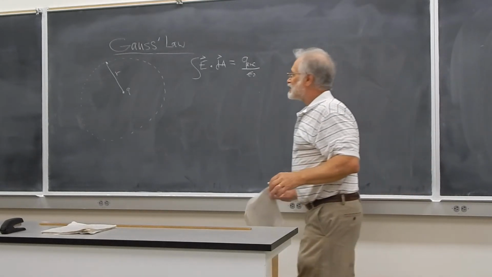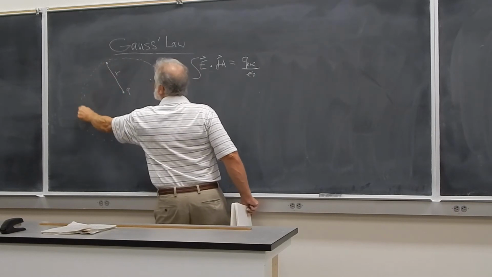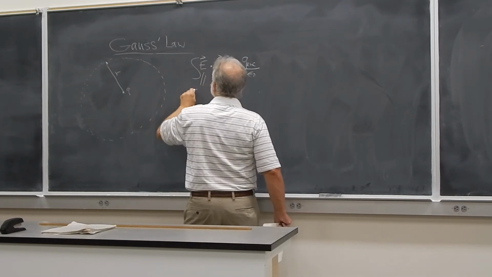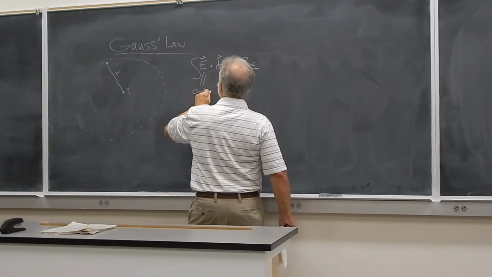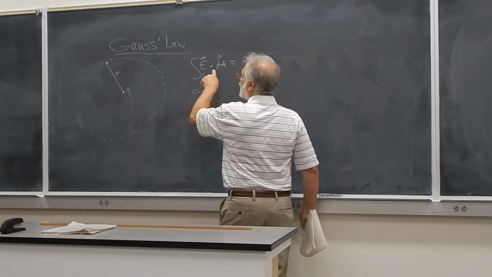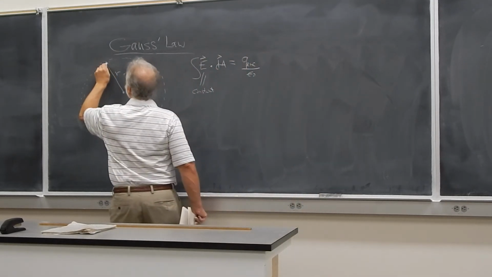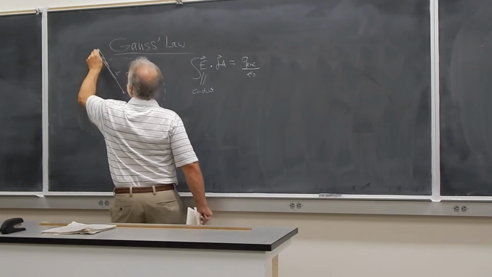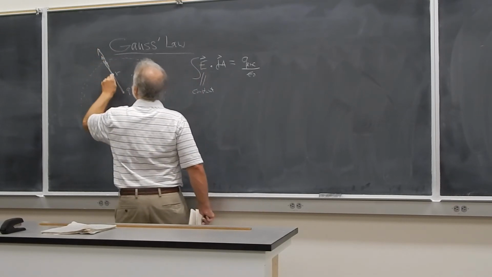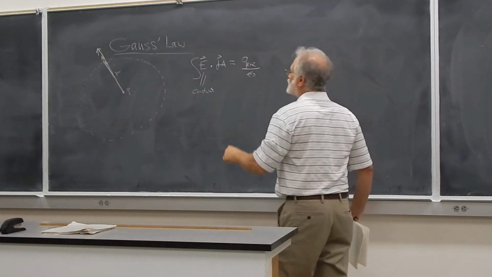The beauty of this method is the following. All along, at every point on this Gaussian surface, E is constant. It is also parallel to dA at every point. So dA at this point is pointing in the same direction that the electric field would be. They're both along that radial direction from this point charge on outwards.